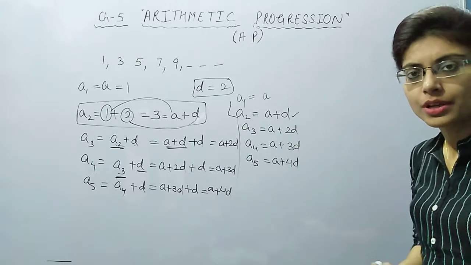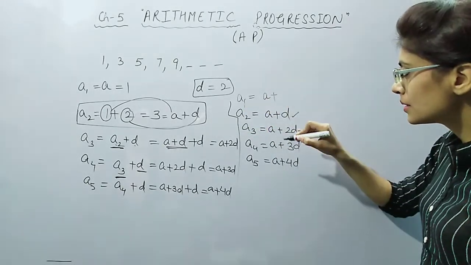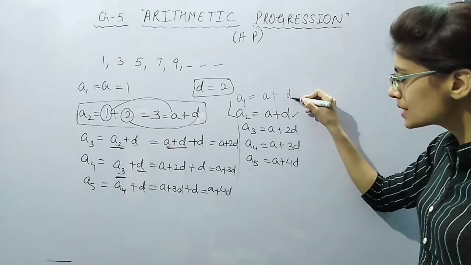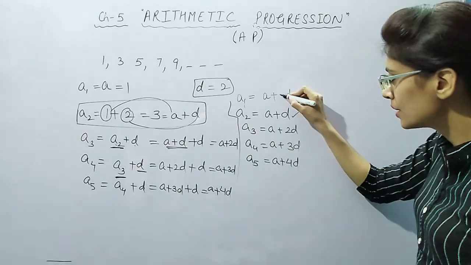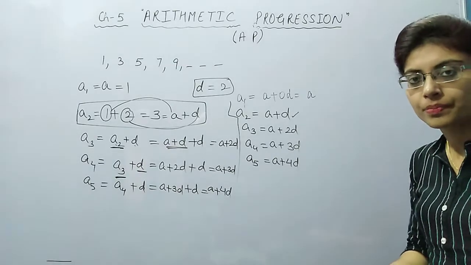By mistake I wrote d here. a1 is equal to a plus, now I told you the coefficient of d is always 1 less than this. 1 less than 1 is 0. So here will be 0, which means this is actually equal to a.